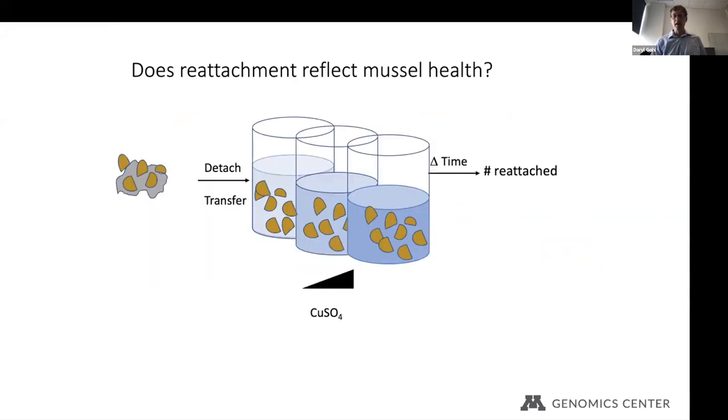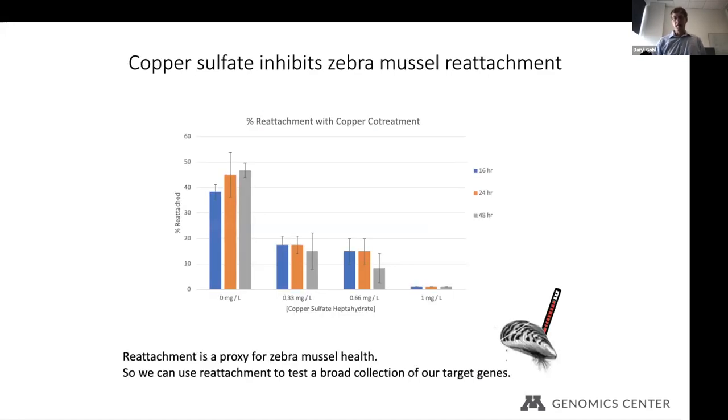And so we want to see if this assay is actually reflecting some aspect of mussel health. So we did an experiment where we treated the mussels with different concentrations of copper sulfate. This is one of those chemical controls that are sometimes used to try to control zebra mussels. And we showed that with increasing concentrations of copper sulfate, the percentage of zebra mussels that reattach to the surface decreases.